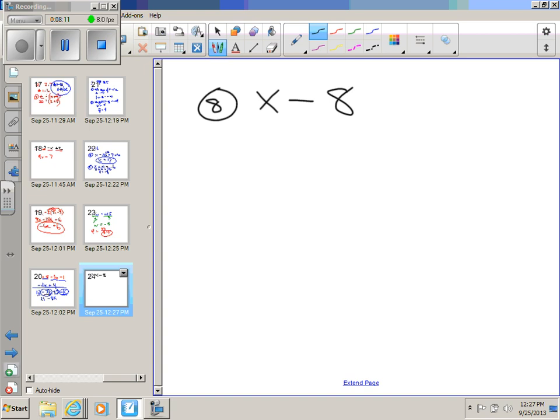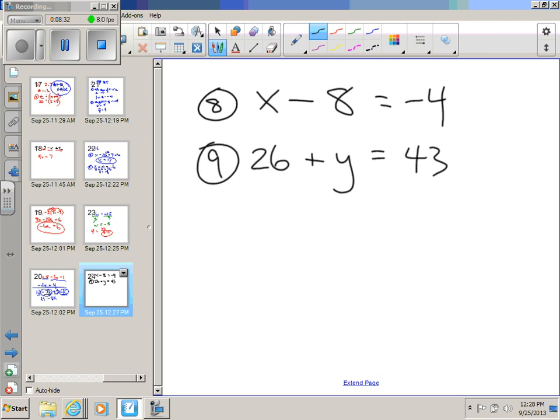X minus 8 is equal to negative 4. 9. The sum of 26 and y is 43. Chris? Good. 12 through 15 are yes or no answers.